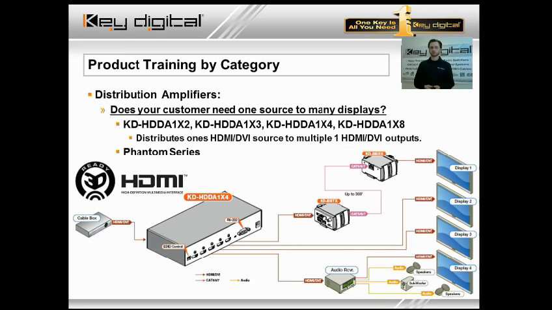It's perfect for your large-scale retail applications, as we were discussing earlier, or your large-scale HDMI digital signage, truly digital signage applications where you have 8, 16, 24 plus displays all viewing one source.